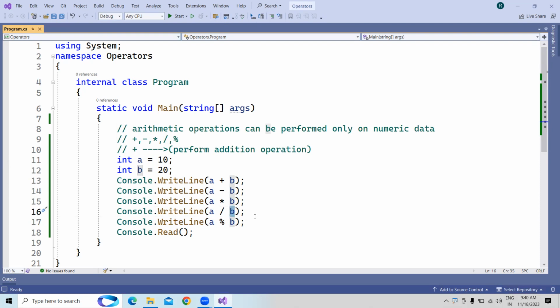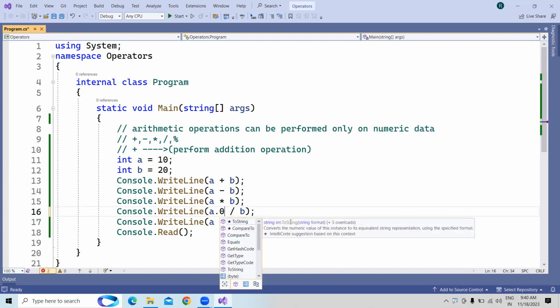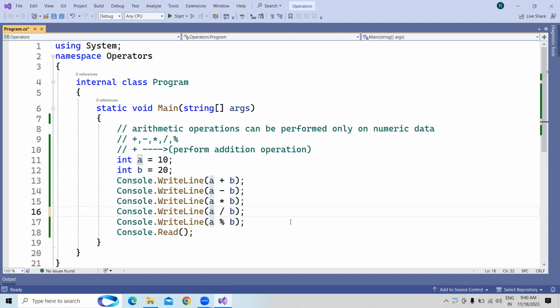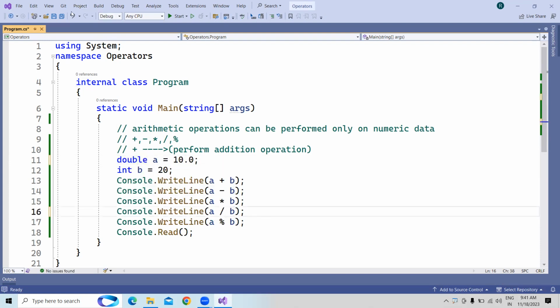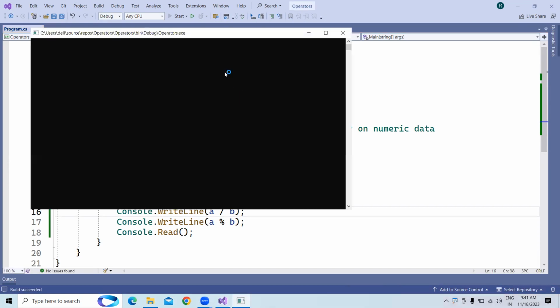If both are integer types, you will get an integer result. Now what I am doing is converting this to 10.0 and considering it as double. With this, execute your program again.